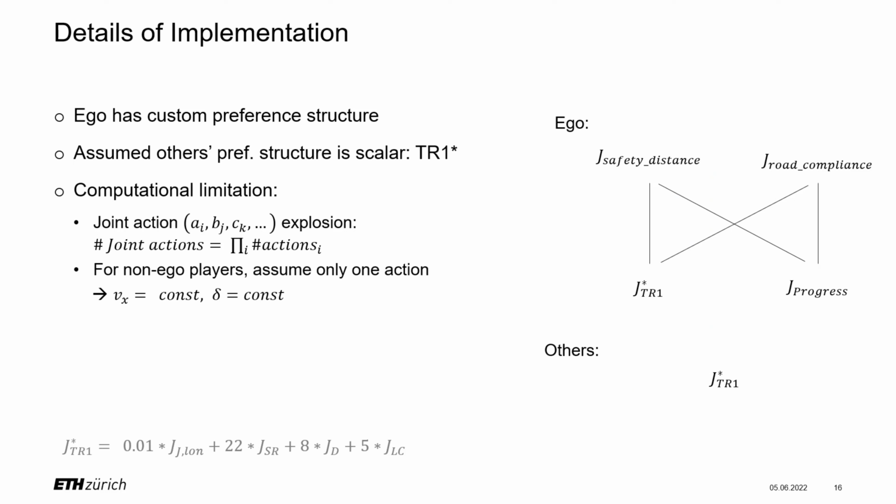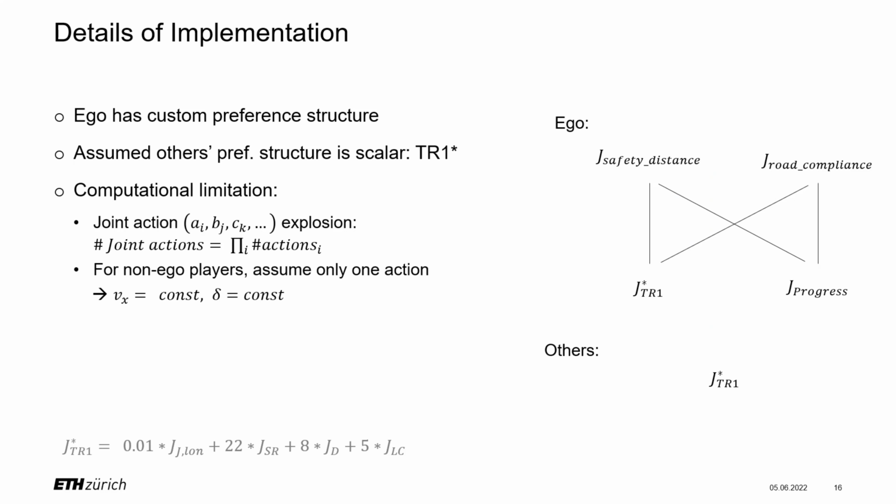In the end, we found that it was best to just consider some neighboring vehicles, up to 3 to 4, and with this assumption of constant velocity and constant steering rate, we were getting the best evaluation results on the server.